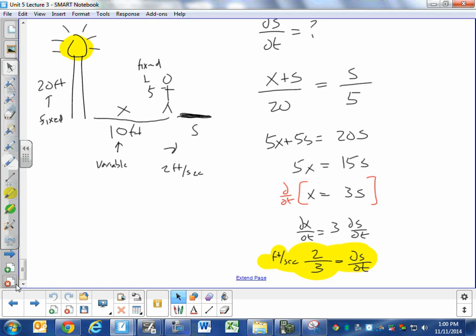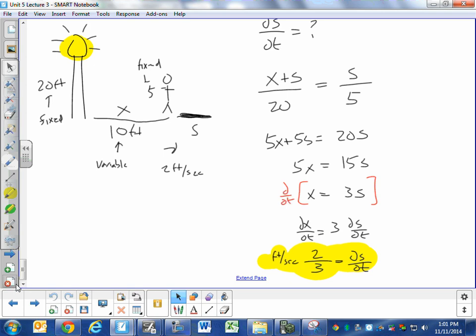How do we do on that one? You got it. Just plug in your value. So you can either say 20 over x plus s is equal to 5 over s, or the opposite. You can say this length to the height is equal to this length to this height. Doesn't matter. You would cross multiply for both of them.